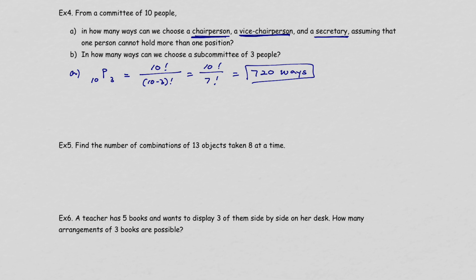So when we're looking at the second one, it's saying how many ways can we choose a subcommittee of 3 people. Subcommittee of 3 people, if I have picked one person, let's call A, first, and have A, B, C in that order, is that going to be different than if I pick B, C, A?